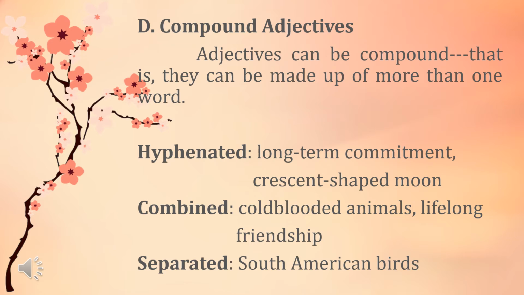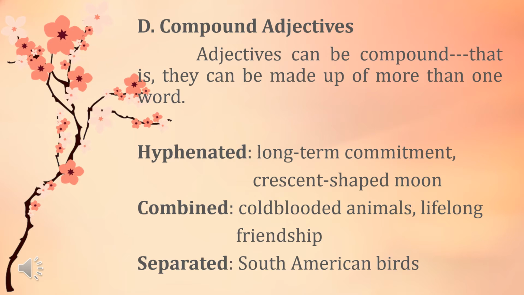Another form of compound adjectives is the combined form itself, meaning there's no hyphen at all. They are combined. For example, coldblooded animals, lifelong friendship. As you can see, coldblooded and lifelong there, they don't have a hyphen and they are combined right away.